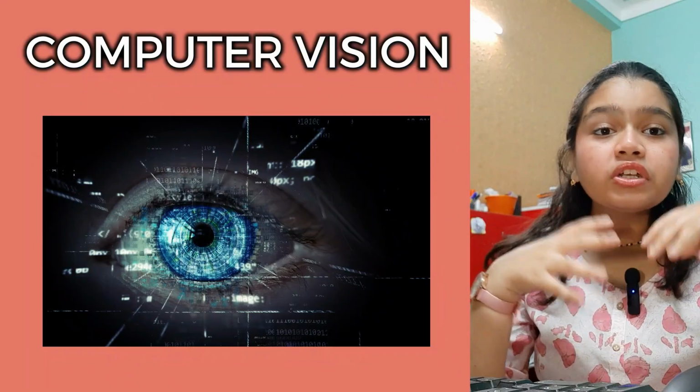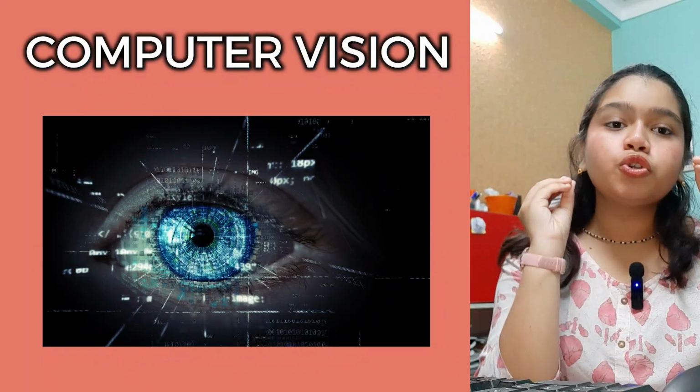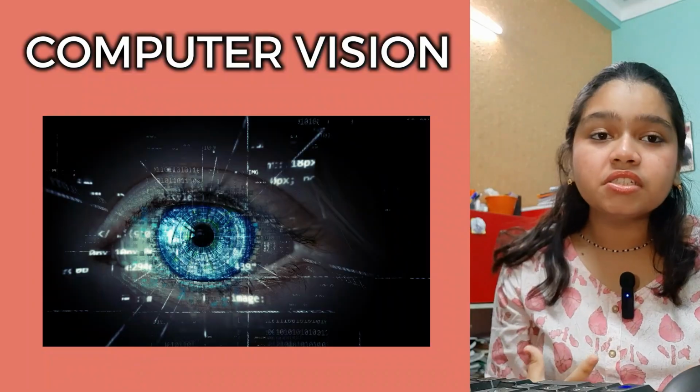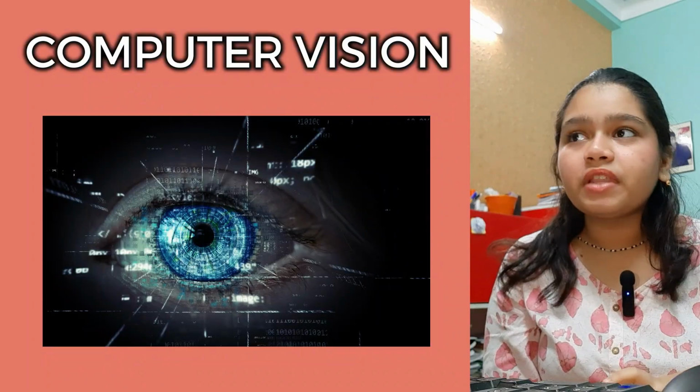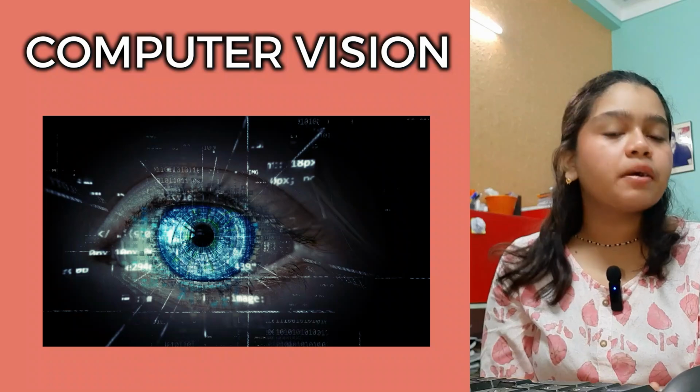It gives a computer the eyes to see the image, understand the image, detect patterns in the image, and extract features from the image. That is the job of computer vision.